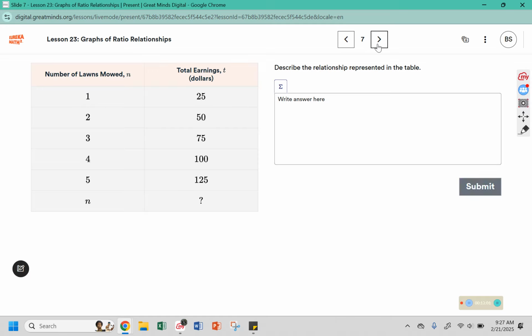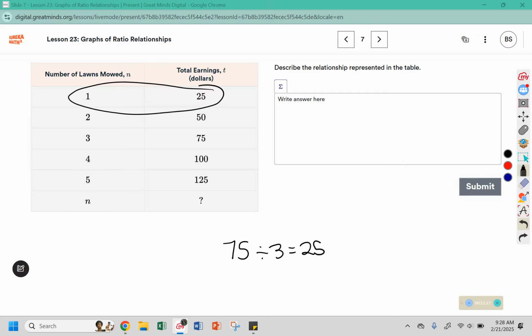Describe the relationship represented in this table. Well, for one lawn mowed, they earn $25. For 2 lawns mowed, they earn $50. So if we were going to find the value of the ratio, we could do 75 divided by 3, which is 25, and that comes from that first line in the table.